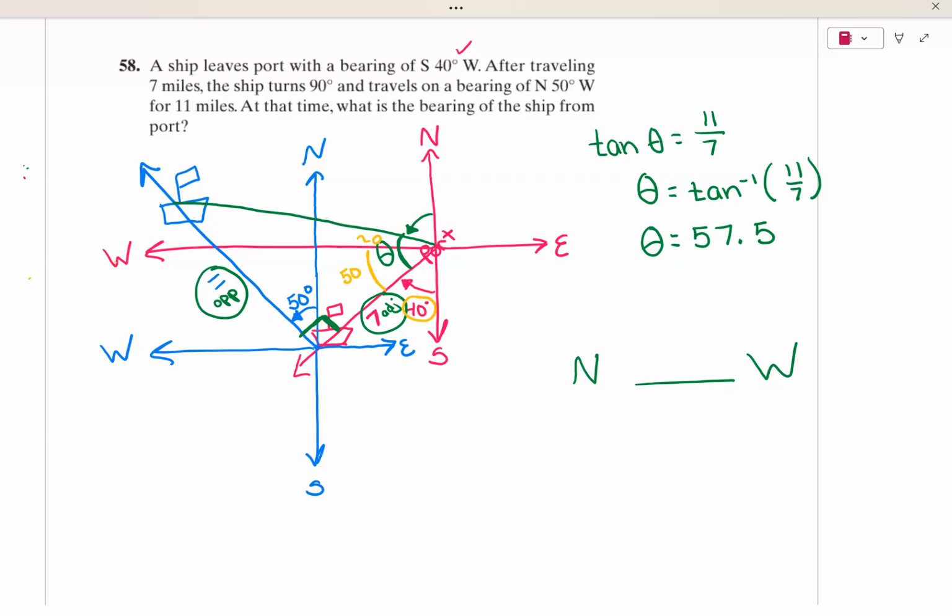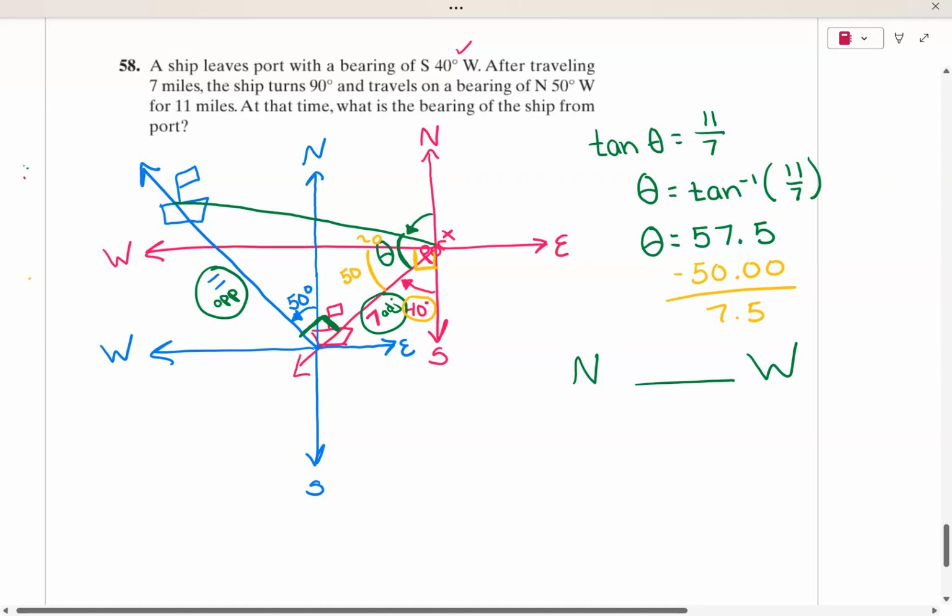So because I know this is 90, then I know that that little bit left, I'm just going to subtract 50 from this, and I get 7.5. So I know that this angle in here is 7.5. Okay. You can also think of it as this 40 plus this 50 is 90.